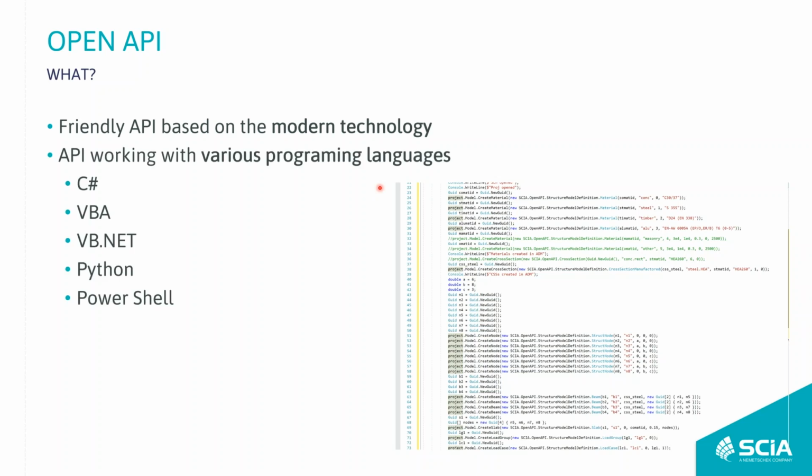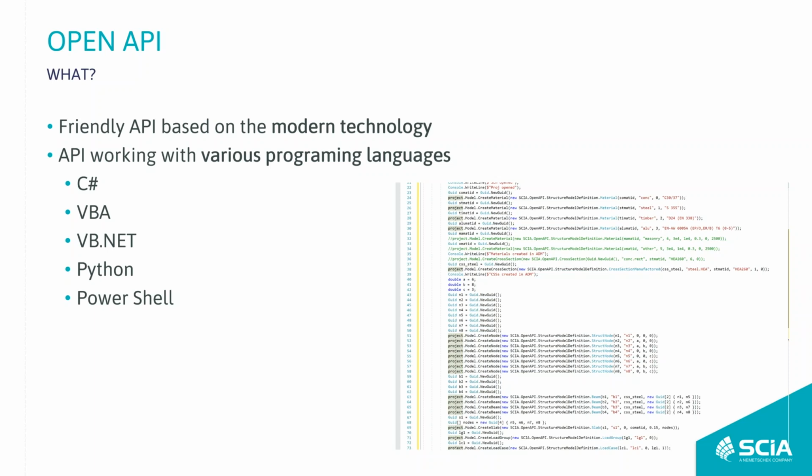We have also been thinking about which languages are mostly used, so that the API should work with various programming languages, starting from C#, VBA as a part of Excel, or VB.NET, Python, PowerShell, you name it.